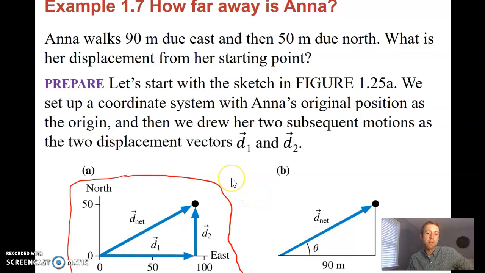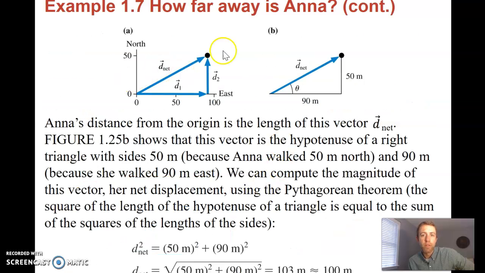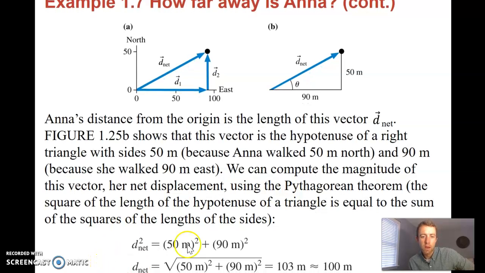But then you might be asked for the overall displacement vector, and a vector doesn't just have a magnitude. So you're not just looking for the length of this arrow right here. You're looking for the direction as well, which means the angle. So the Pythagorean theorem will get you the distance.